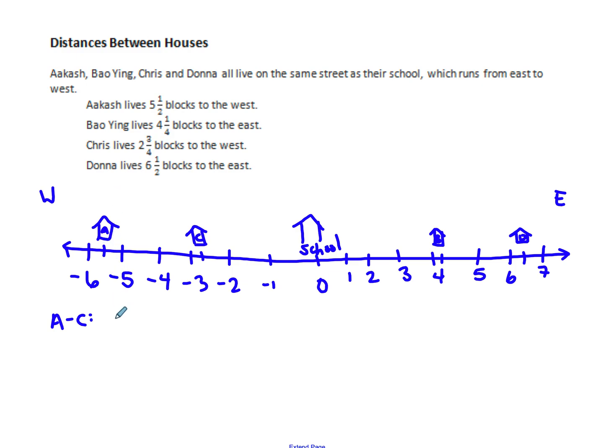Akash is at negative 5 1/2. Okay, and actually I'm going to erase that because if I want a positive answer, which of course I do because it's a distance, I need to make sure that my number that is greater in value, means closer to the positive side, goes first. Otherwise I'm going to end up with a negative answer. Okay, so I have negative 2 3/4.